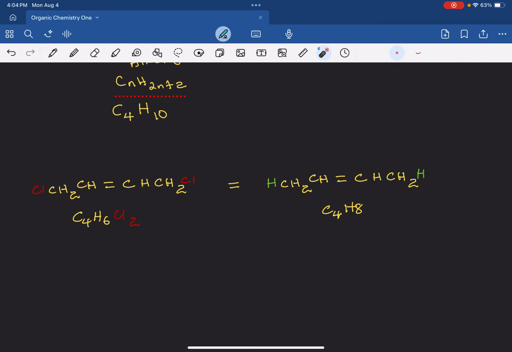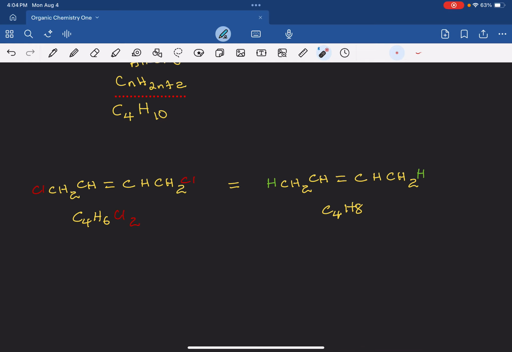So this is what happens. This molecule, the molecular formula is C4H6Cl2. The corresponding hydrocarbon, and remember a hydrocarbon only has carbon and hydrogens, is C4H8. What I mean by the corresponding hydrocarbon is a hydrocarbon with the same number of carbon atoms as C4H6Cl2 that only has carbon and hydrogen.